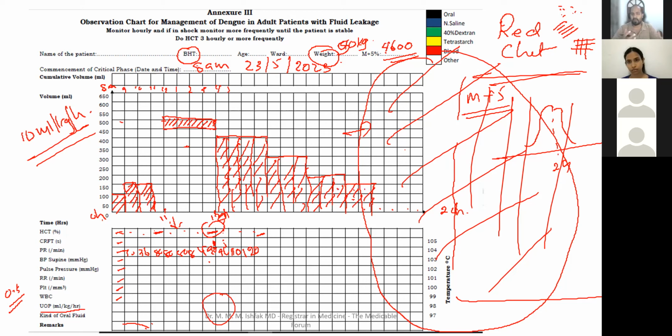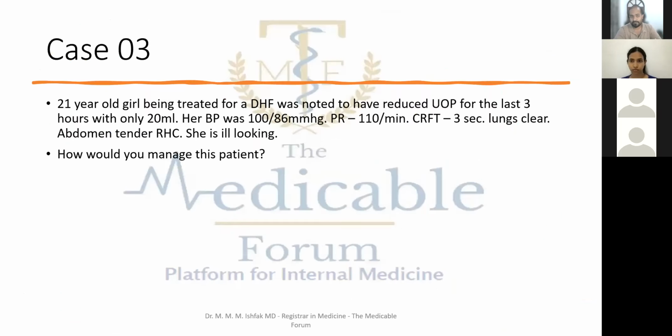This is how you mark the chart, and you need to be aware that this period is the period where the patient might go into shock. So you need to be cautious, right? I'm sure you all understand, and as HOs, you should be well versed with this, because this is how you detect patients.